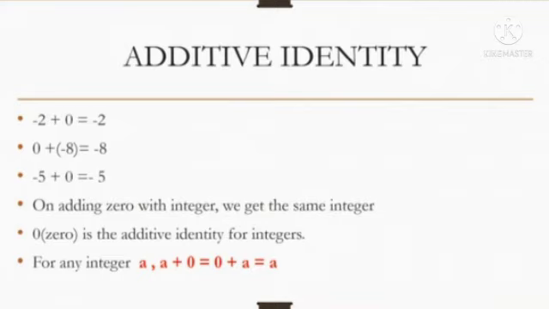If we add 0 with any integer, we get the same integer. So we can say that 0 is the additive identity for integers. For any integer a, a plus 0 is a, and 0 plus a is a. 0 is called the additive identity of integers.